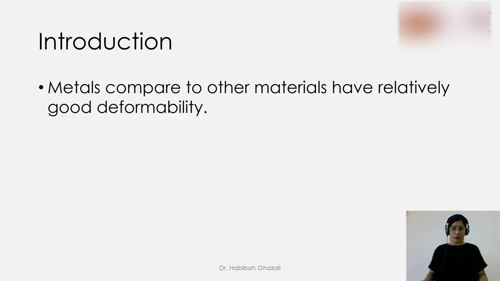A ceramic crystal, for instance, is formed by ionic bonding. This structure consists of positively charged ions and negatively charged ions, and the bonding happens when these two meet and interact with each other.